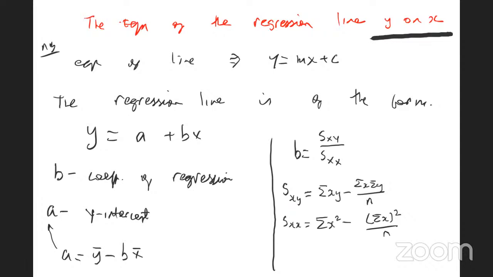So if we know a value for X, we could predict what the possible value for Y will be. Copy it down. You could Google how to get a regression line on the calculator.